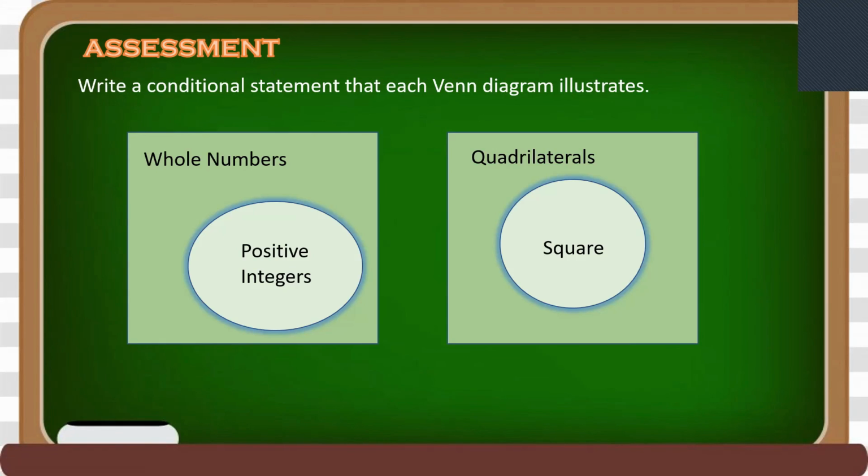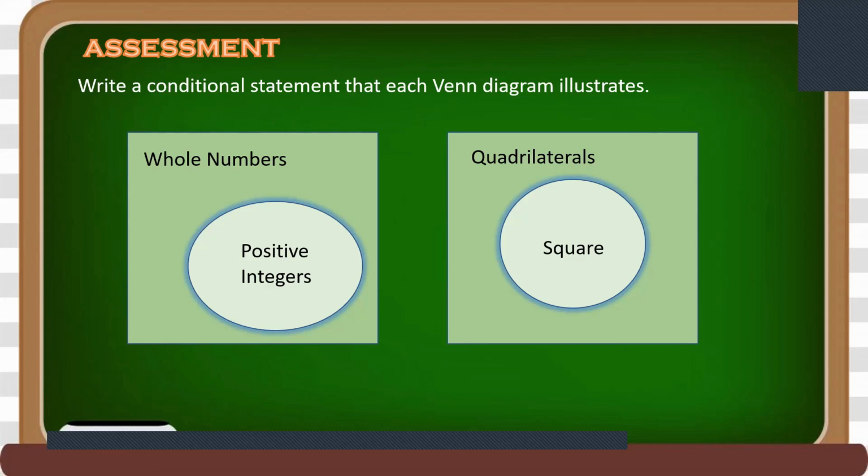Okay, let us assess again. Write a conditional statement that each Venn diagram illustrates. So, Venn diagram, meron siyang pinagsama. Ayan. Whole numbers nasa square, and yung nasa circle naman is positive integers. The second one, nasa inside naman niya si quadrilateral, sa circle naman ay si square. So, how to write a conditional statement that each Venn diagram illustrates?